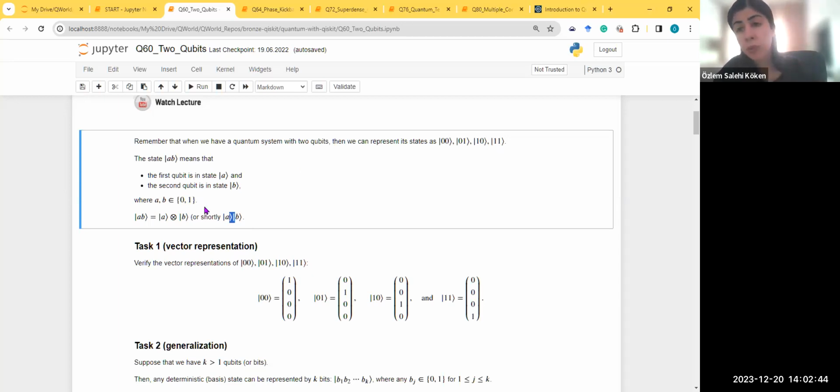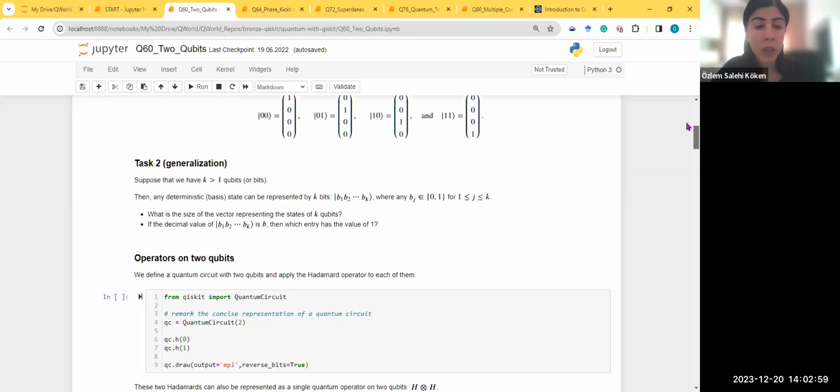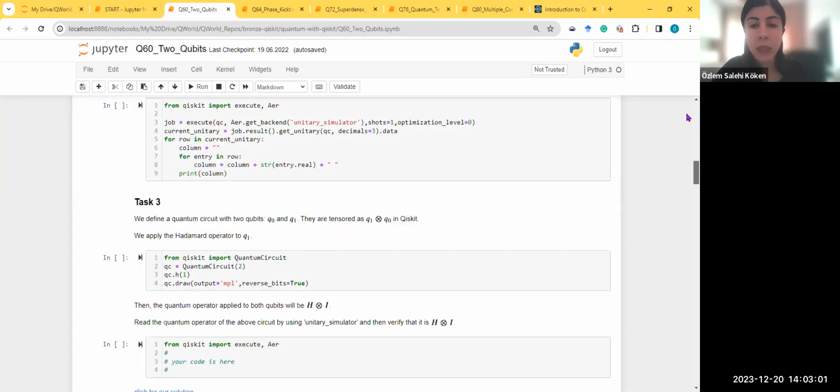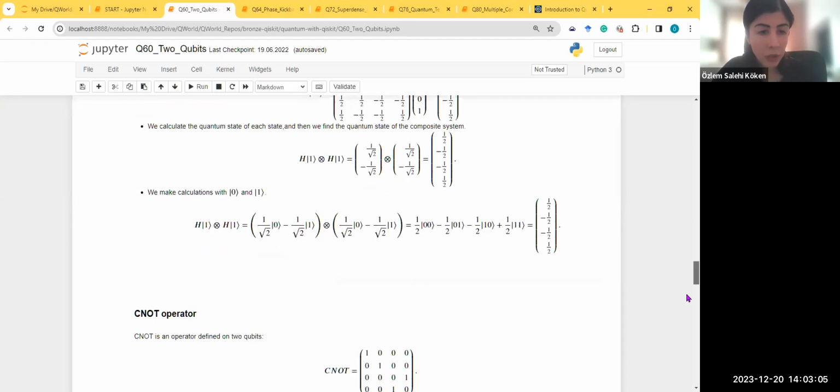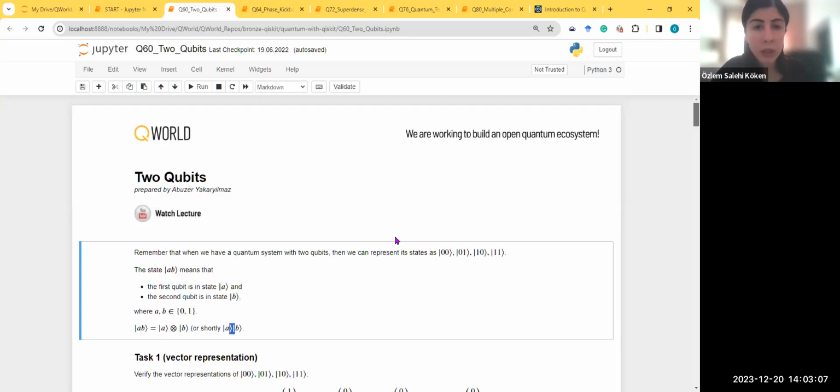But of course, a qubit does not have to be always in state 0 or state 1. It can be in any arbitrary quantum state. So we will see how this looks.